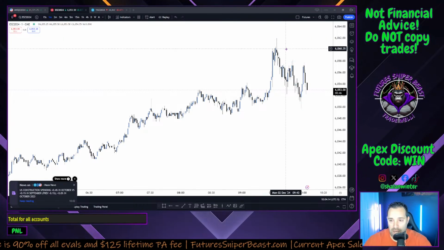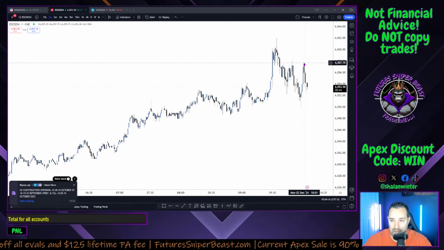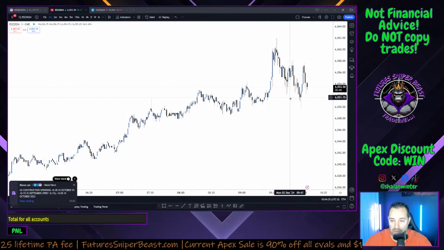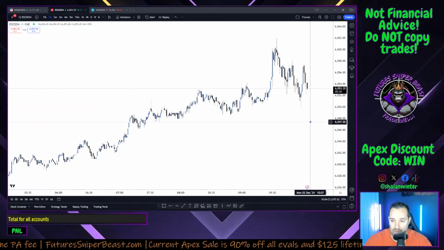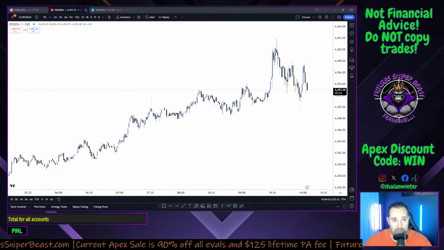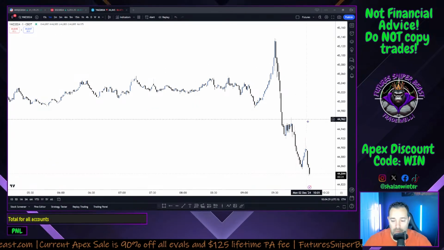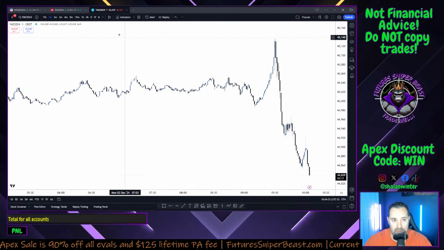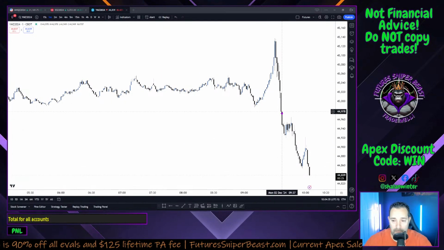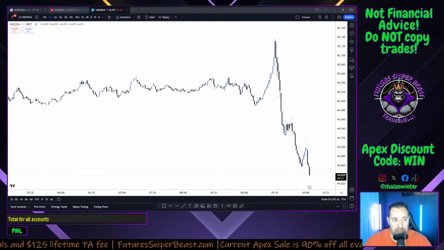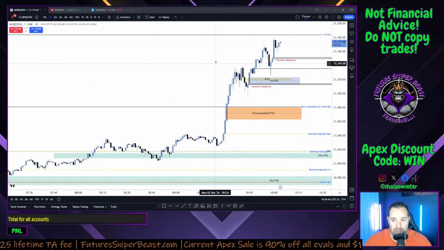Look, we have a swing high, lower high, lower high, lower low, lower low. We may be getting ready to come down on an NQ. And usually when the markets are not correlated, when NQ is not correlated with either ES or YM, that's a sign that you're probably not going to get anything until it gets correlated.